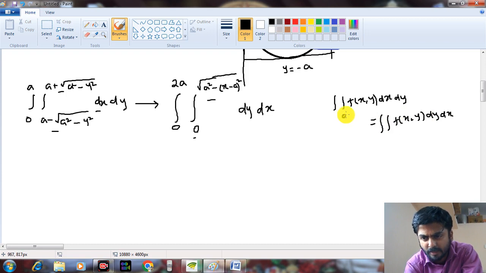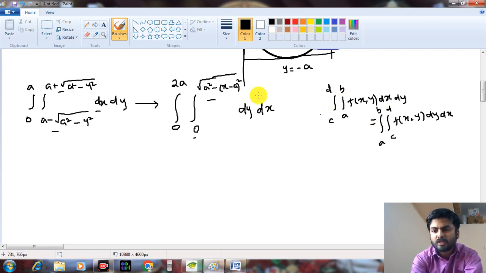If I am taking a, b and c, d, the limits will also change, c, d and a, b. See, I am telling this for an example.